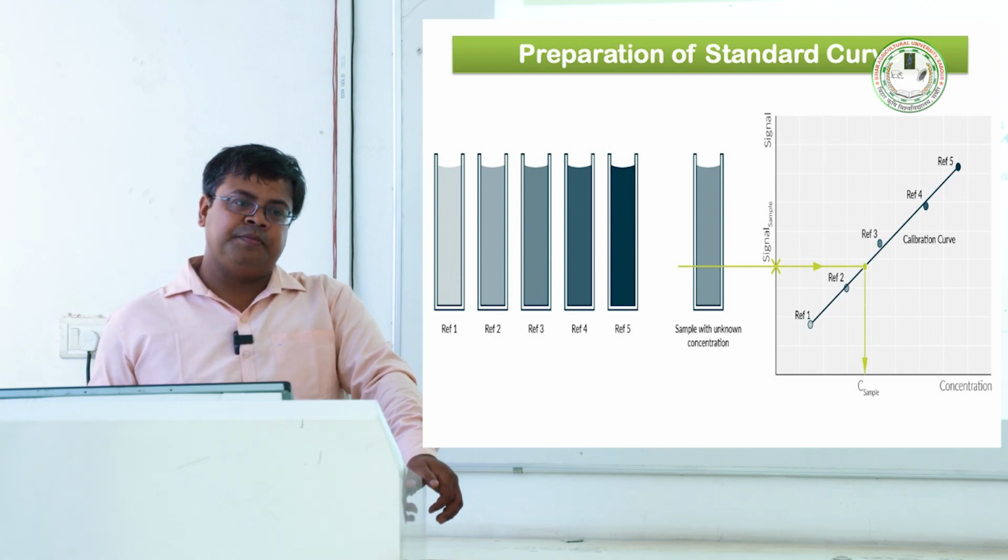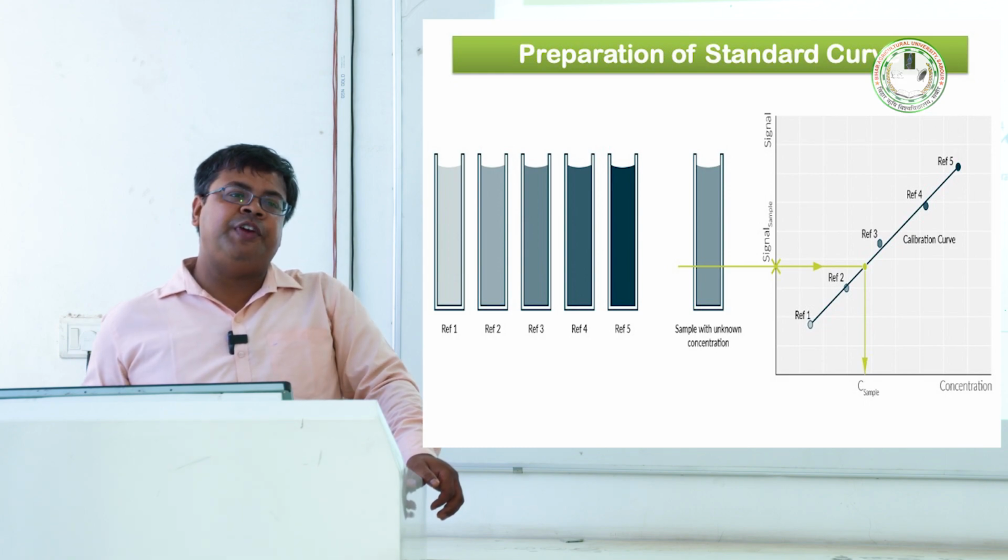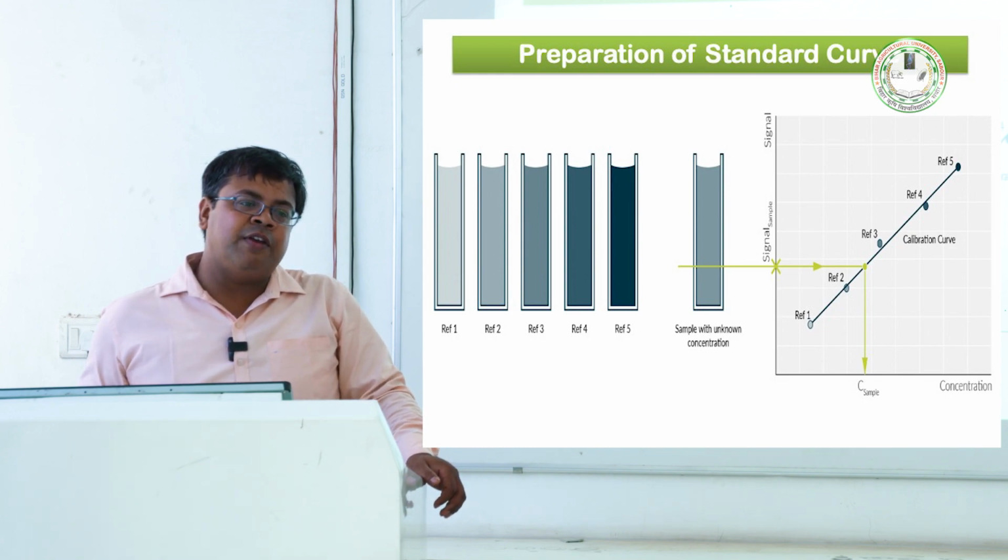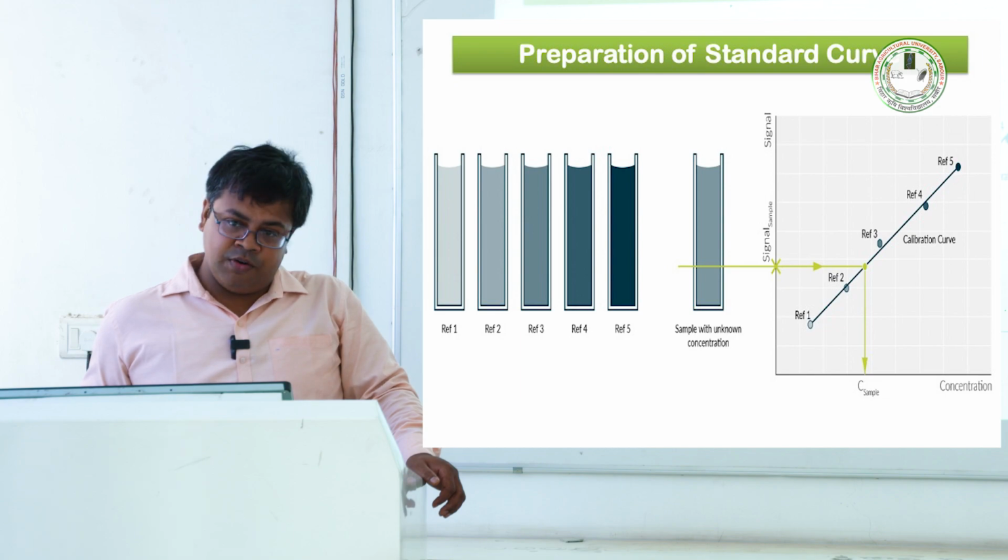Now calculate using V1 S1 is equal to V2 S2. Now what will be your V1? What will be the value of V1? V1 is unknown. S1 is 1000. V2 is 100 and S2 is 10, 20, and so on.